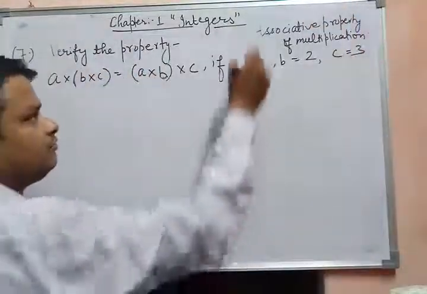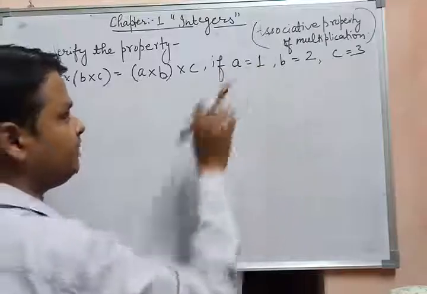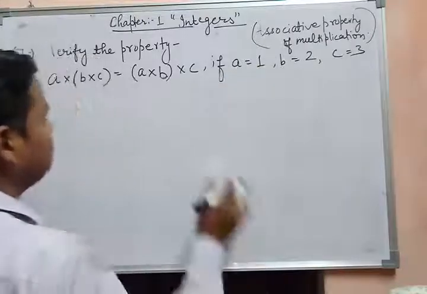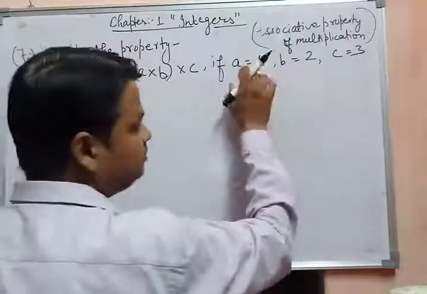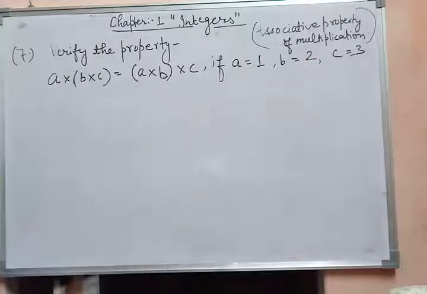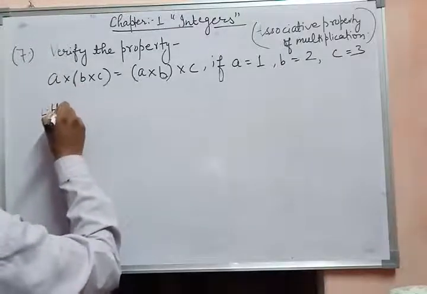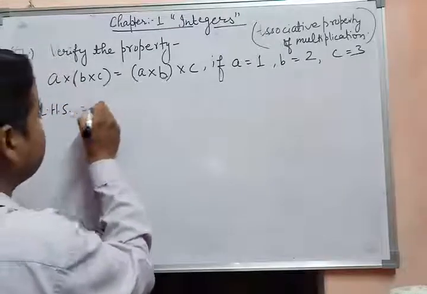Okay, so this is the name of the property, and you have to verify the property by putting the values of a, b, c in both sides.